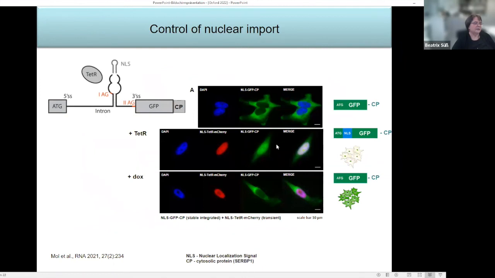We have here on the one side this situation where we have ATG and GFP. We had to elongate GFP with a cytoplasmic protein. So GFP is too small, it goes into the nucleus by itself. But if you attach a larger protein, then you can keep this in the cytoplasm. As you can see here, all the GFP is in the cytoplasm. And then if we add TET-R, then we change the splice site from here to here, and we attach this nuclear localization sequence to our message.